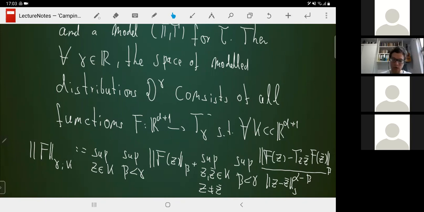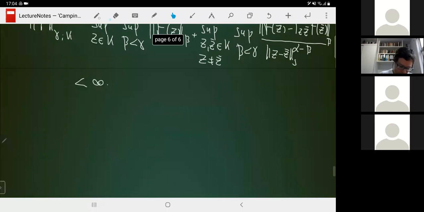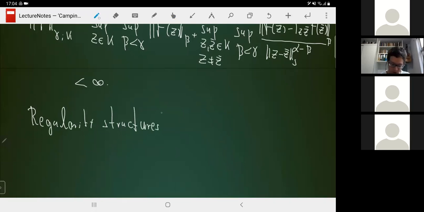I would like now to show you how you build up the regularity structure when you have an SPDE. So essentially we redo what we did so far for the polynomial regularity structure, but for an SPDE. Regularity structures for SPDEs.